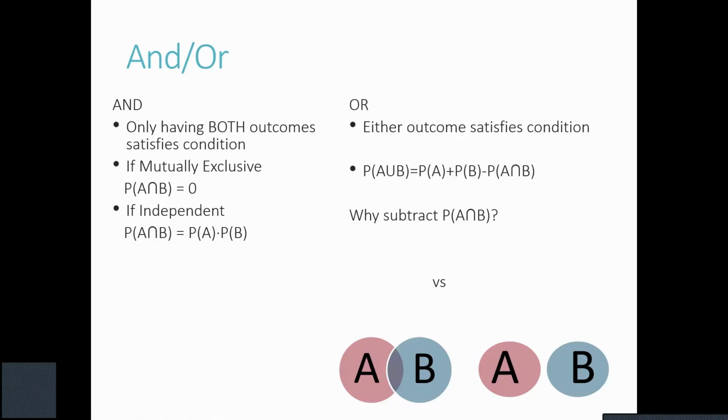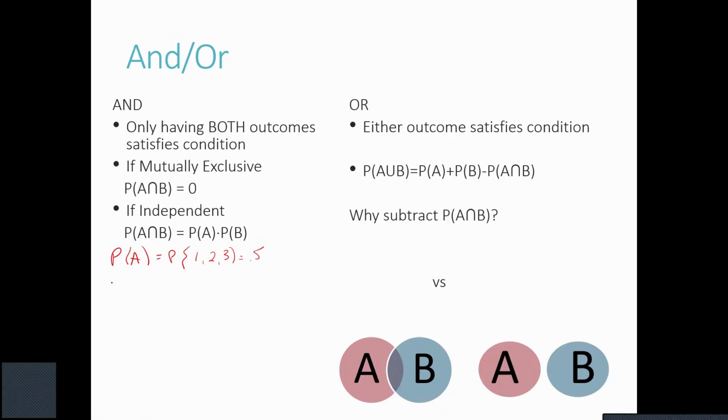Okay. If two things are independent, the probability of A and B is the probability of A times the probability of B. So if, for example, we want to talk about, again, A is 1, 2, 3. Let's write that out. So probability of A is the probability of 1, 2, 3, and that is 0.5.